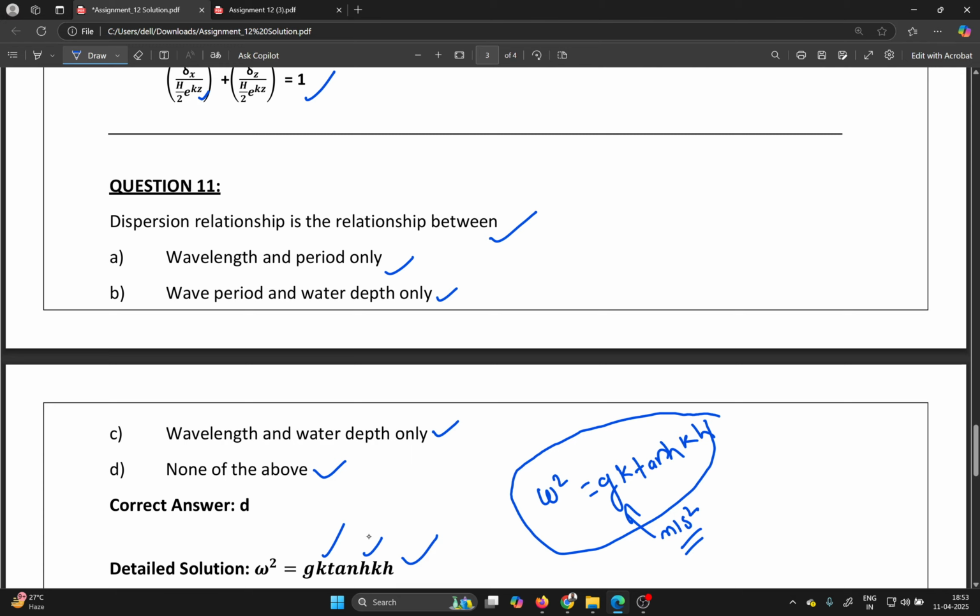So please follow the lecture video and try to understand what the terms are, whether it is written kh or kt in this format. Please follow the video for these equations.